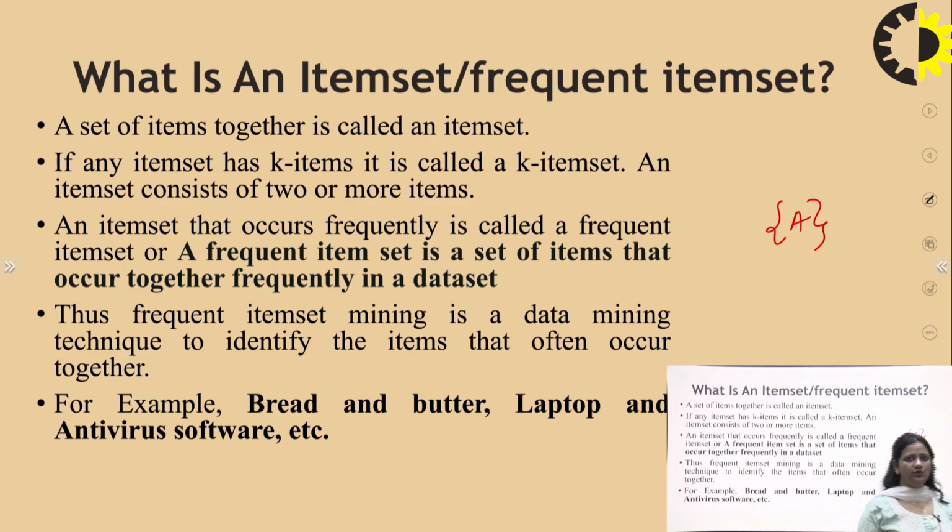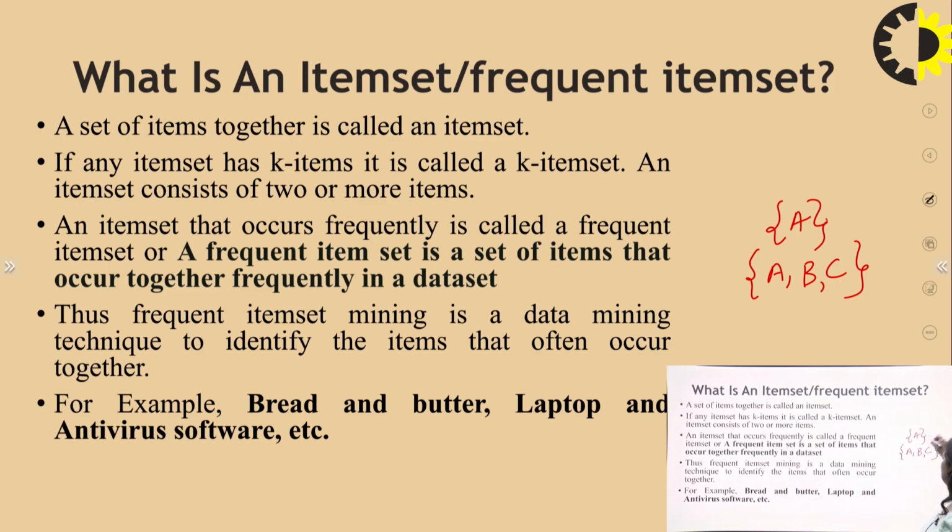It's an individual item, and we denote an item set in the Apriori algorithm like this: A, B, C. This is called an item set, and this one is an item. A set of items together, because in this there are two or more items, so it is called an item set. If any item set has k items, it is called a k item set.